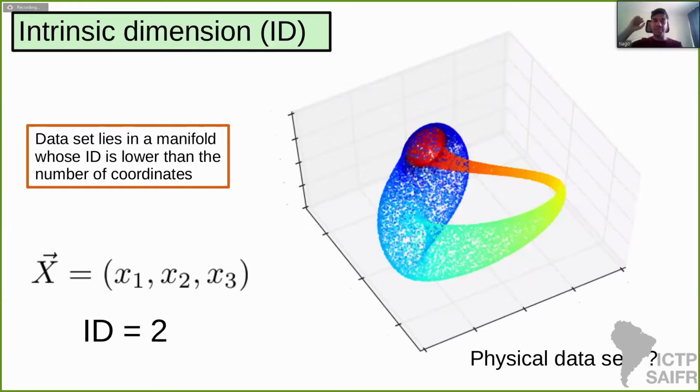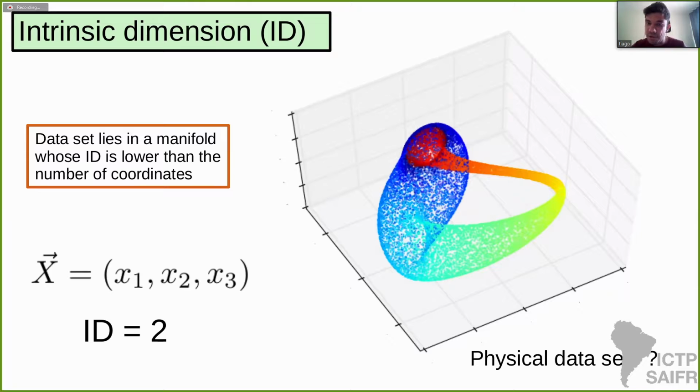The basic idea is that typically for real data sets, the data set is embedded in a space that has a dimension equal to the number of coordinates. Here in this example, I show a data set that's embedded in 3 dimensions. The idea is that real data sets live in a manifold that has an effective dimension, which we call intrinsic dimension, that is lower than the number of coordinates.